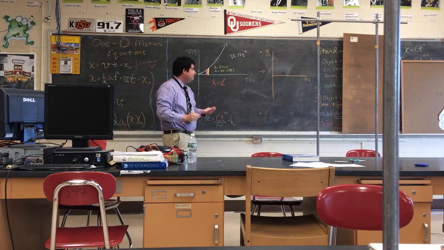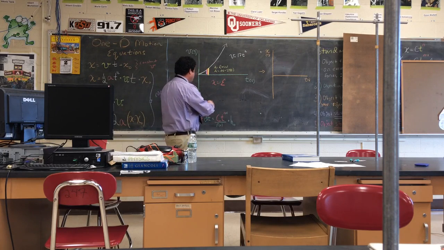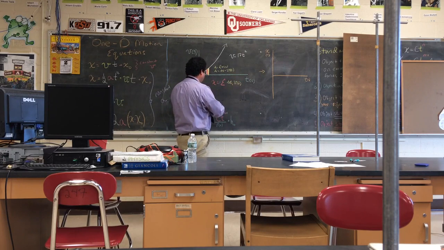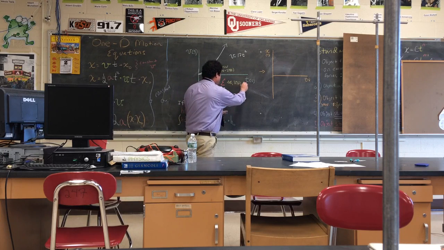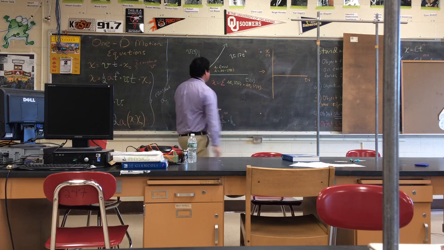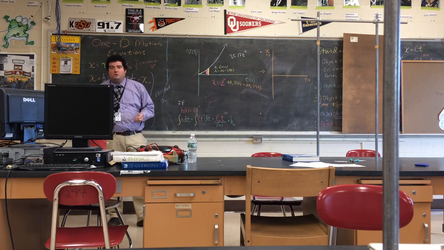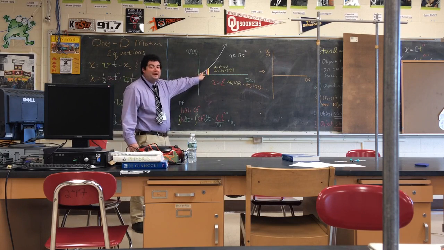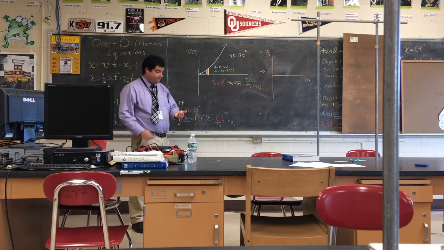We'd be summing these: delta t1 times v of t, plus delta t2 times v of t, etc. That would eventually get us the area under here if we added up all of these different stripes.